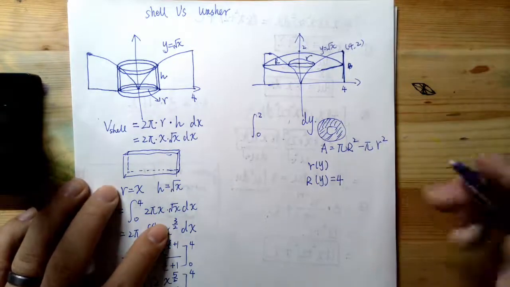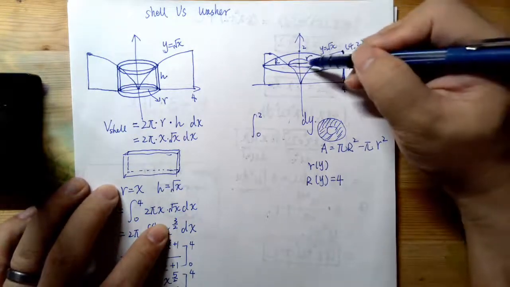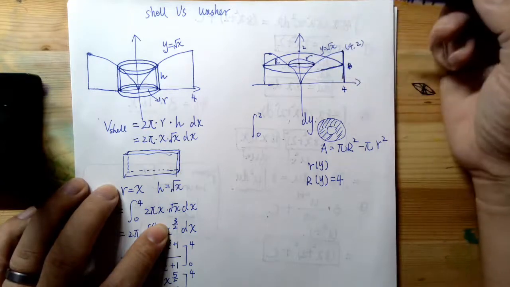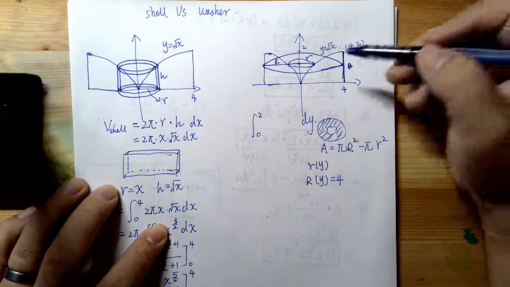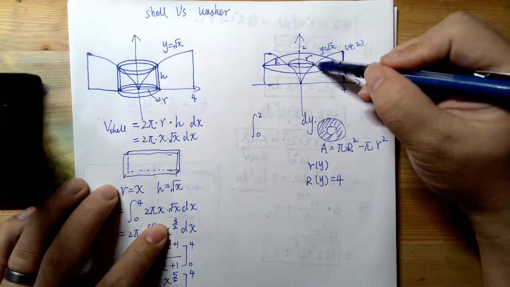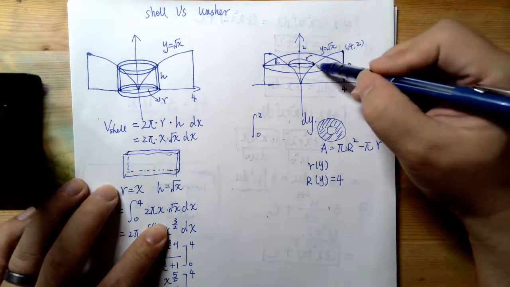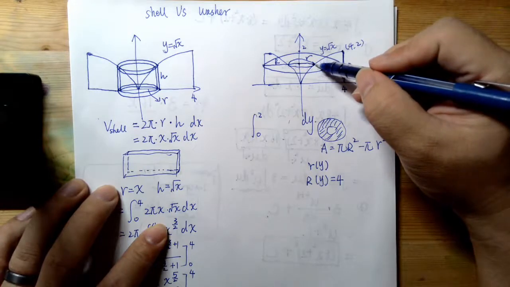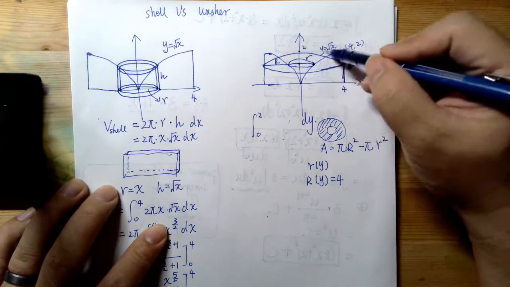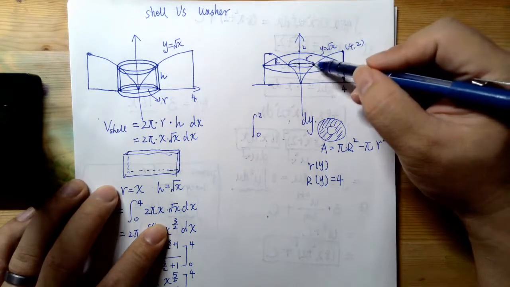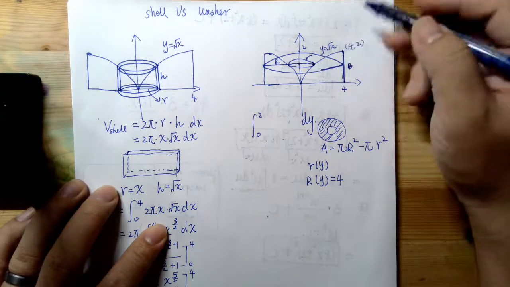The little r is the distance from here to here, which is exactly x. But this point lies on the curve y equals square root of x, so we need to solve for x in terms of y.